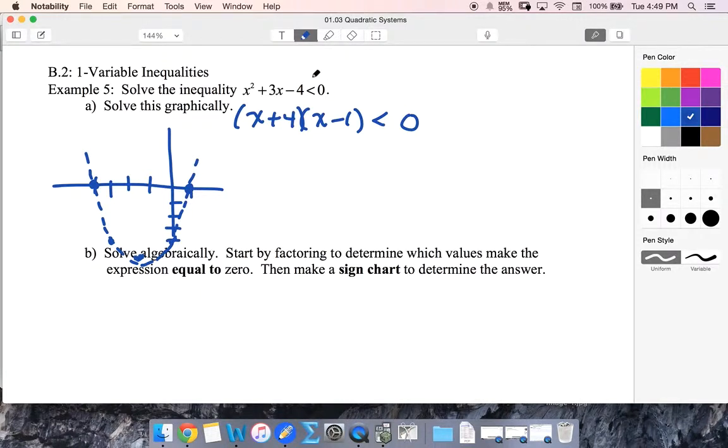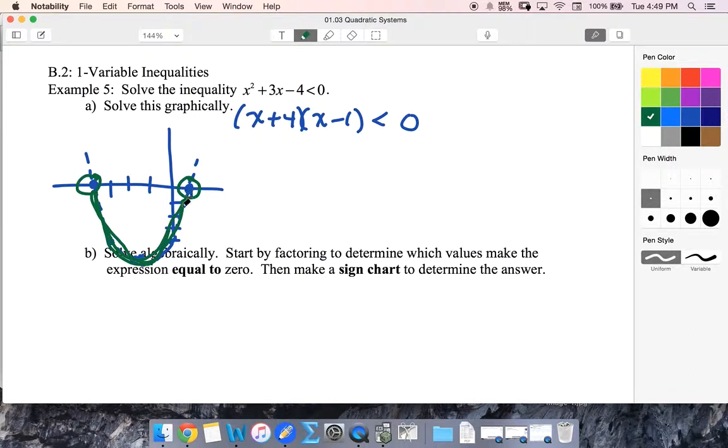So I want everything that's less than 0 in this parabola. Everything that's less than 0, well, those are all the negative values. At my x-intercepts, I'm equal to 0, so those are not included. But then all of these values are included. So now I can come back and make this part solid because these are the values that I want.